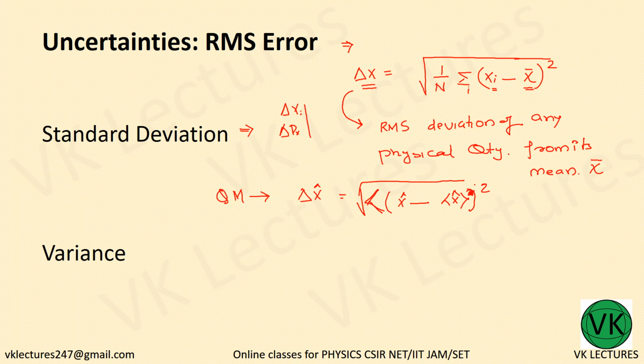So delta x is equal to the square root of the expectation of (x minus expectation of x) whole square. Okay, fine.